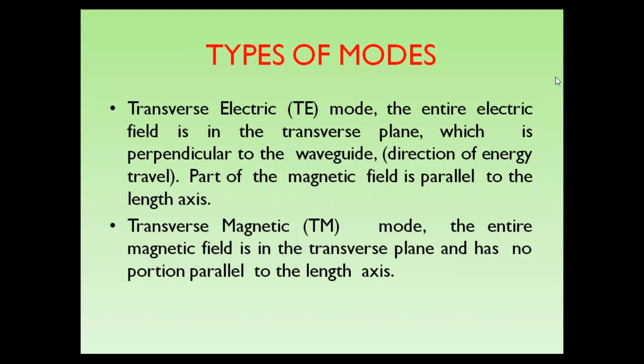The direction of energy will travel only along the propagation. Whereas in transverse magnetic, the entire magnetic field is in the transverse plane and has no portion parallel to the length of the axis. So in transverse electric, we get Ez equal to 0, whereas in transverse magnetic, we get Hz equal to 0.